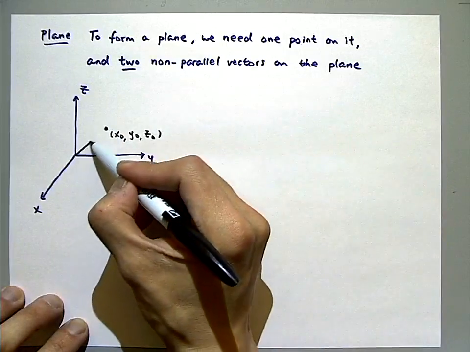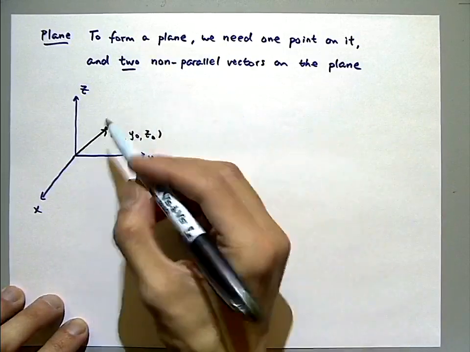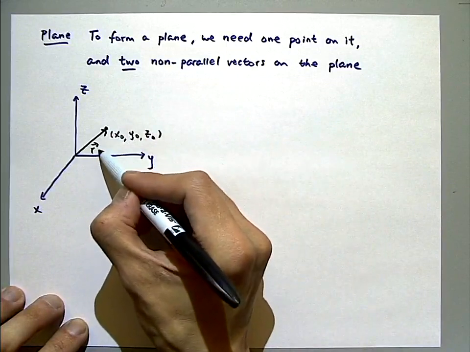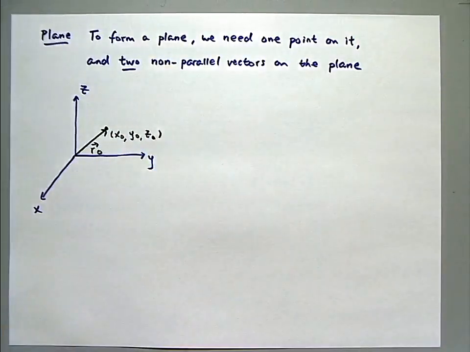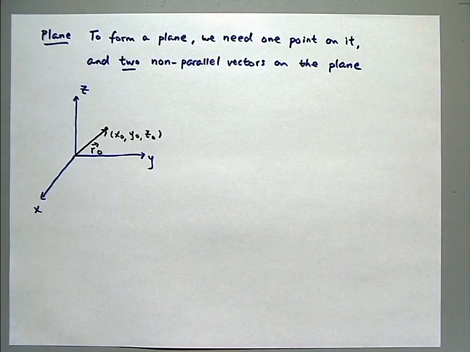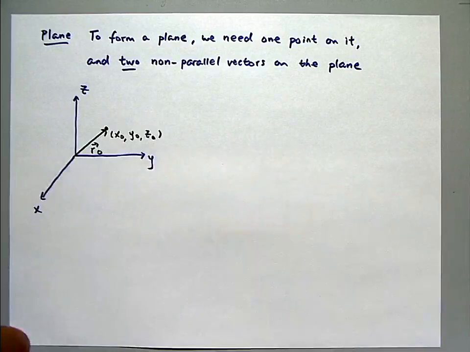And the vector going from the origin to that, we'll call that r0, the vector r0. Okay. Now, suppose we know two vectors that are lying on that plane, two non-parallel vectors on that plane.